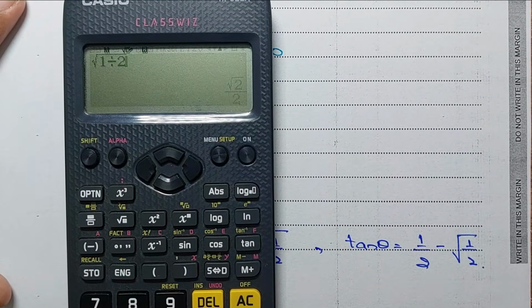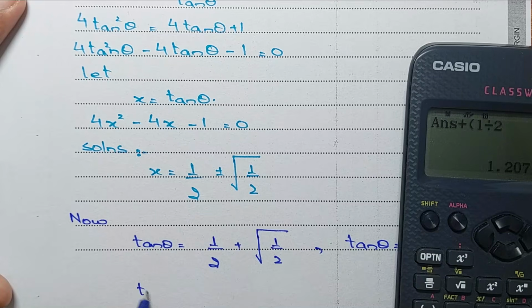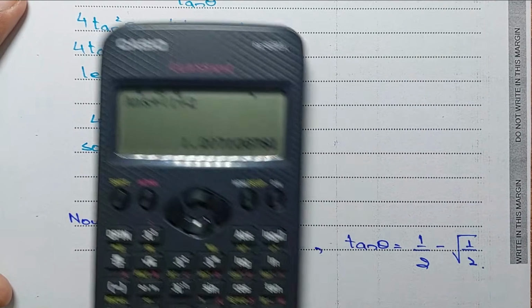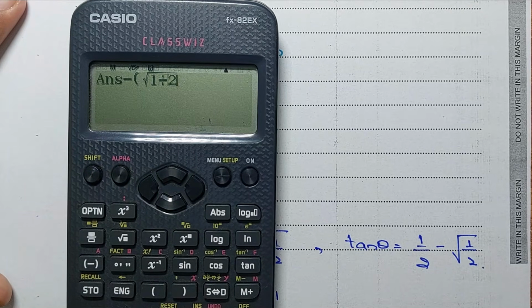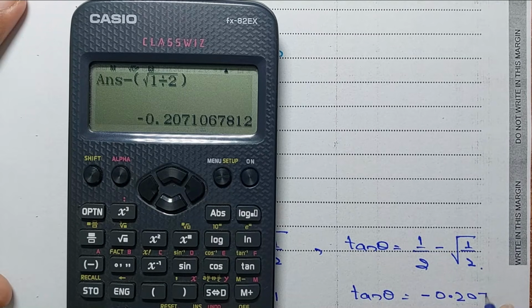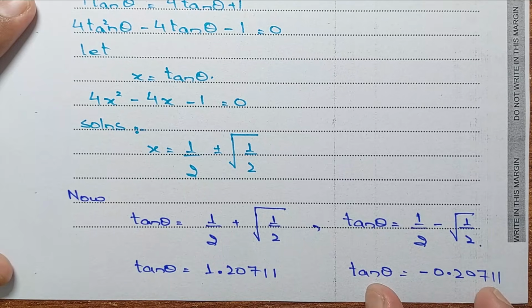So root of 1/2 added to 1/2 is 1.207, so here tan theta is 1.20711, rounded to 1.207. And on the other side, 1/2 minus root 1/2 is negative, so tan theta is minus 0.20711. Okay, so here tangent theta is positive and here tangent theta is negative.